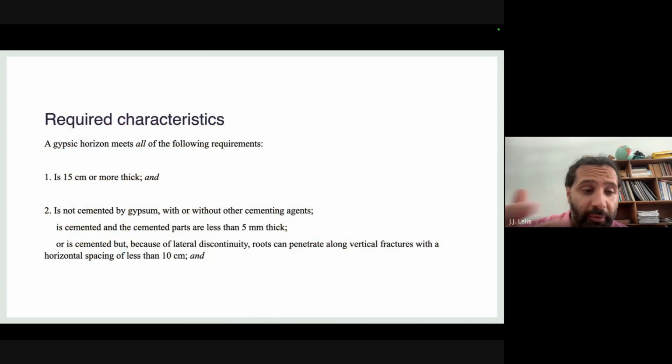Let's see the required characteristics, or the criteria, to identify the gypsic horizon. It should be at least 15 centimeters thick or more. It's not cemented by gypsum, with or without other cementing agents, so it should be not cemented.